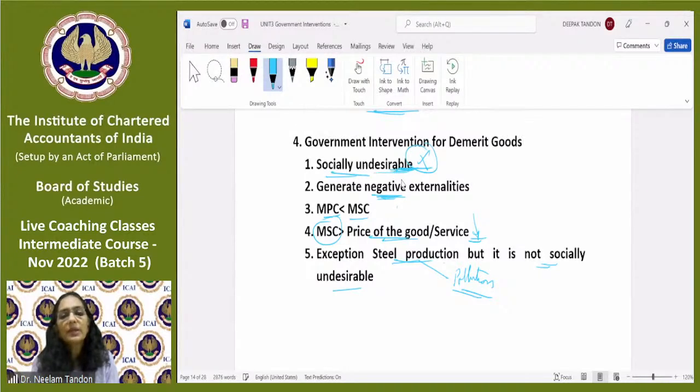But yes, negative externalities are there. Private cost is less than the social cost, definitely, in these kinds of demerit goods. And marginal social cost is greater than the price. So price is less and the social cost is high. That is the negative externalities we have already shared.